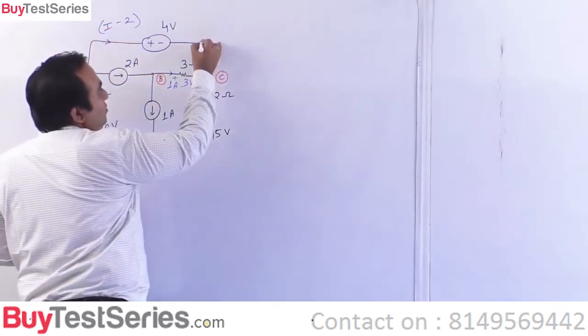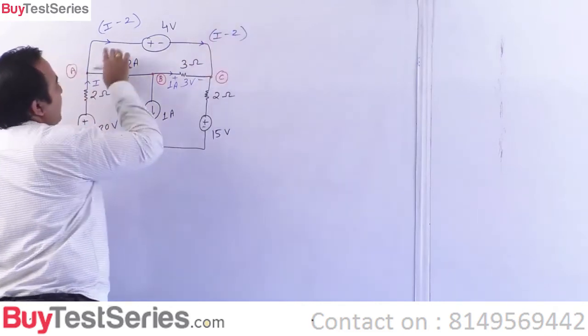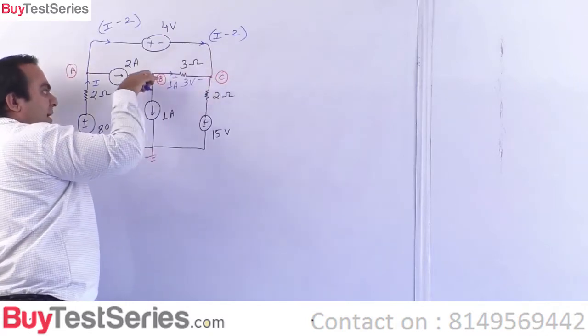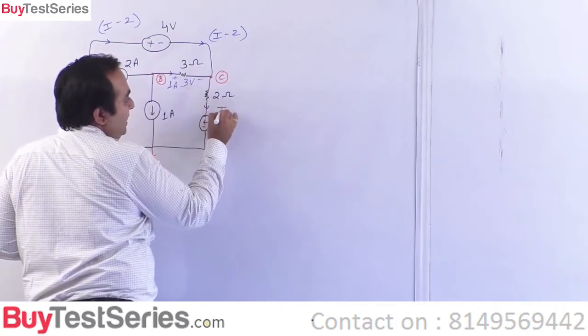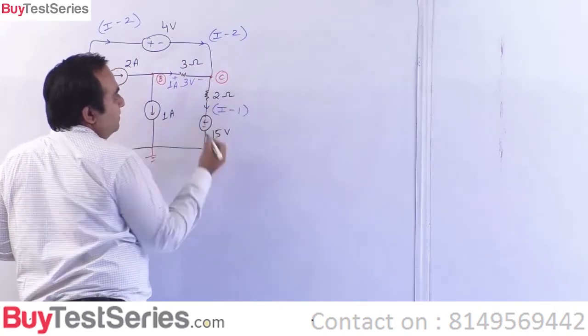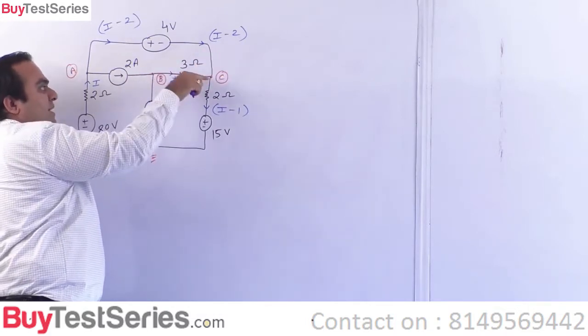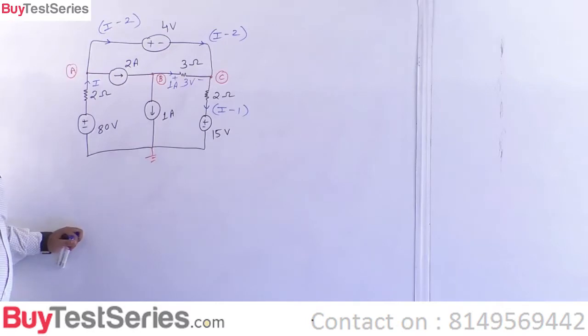So this I minus 2 reaches here. I minus 2 and 1 is coming from this side. So this becomes what? I minus 2 और 1 ऐड हो जाएंगे, so I minus 2 plus 1 simply becomes I minus 1.